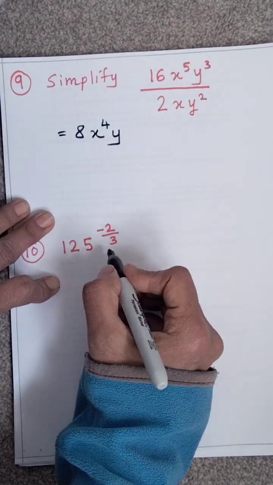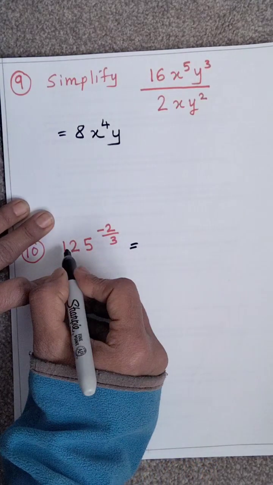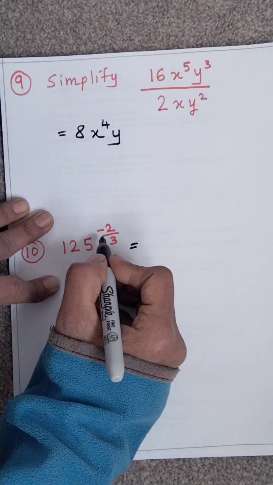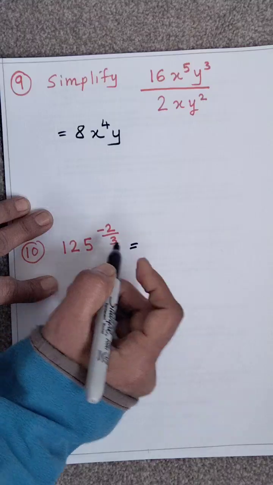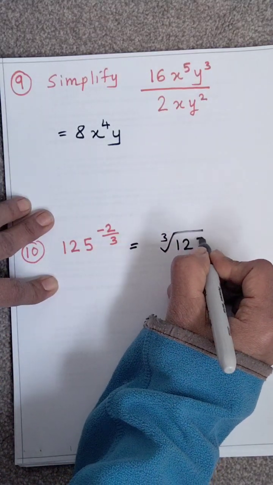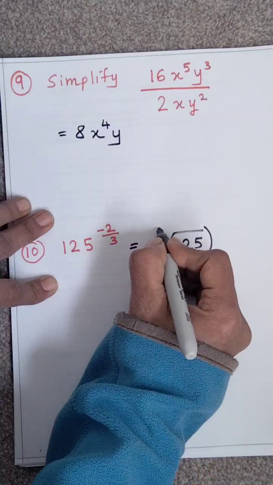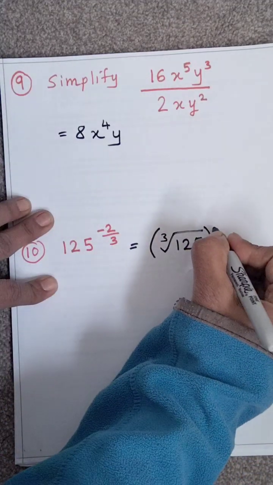Another one. Now this one. We'll go step by step for this. 125 raised to minus 2 over 3. Because it is over 3, it is actually the cube root of 125, raised to minus 2.